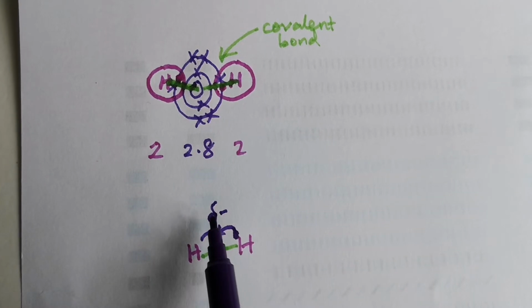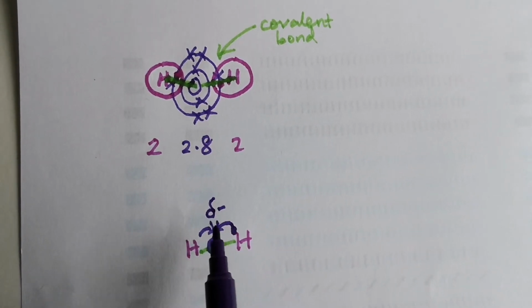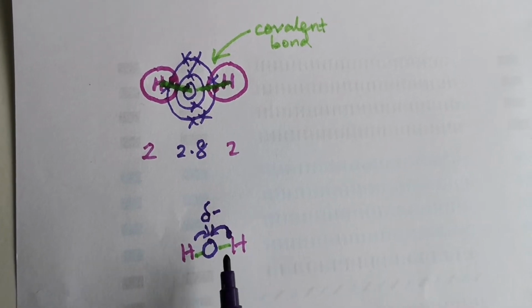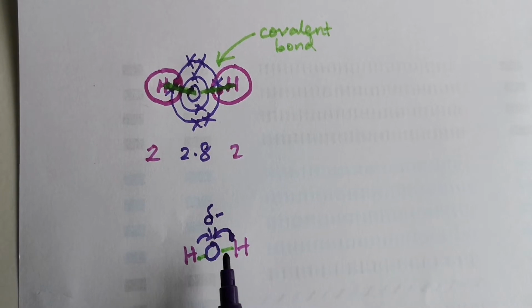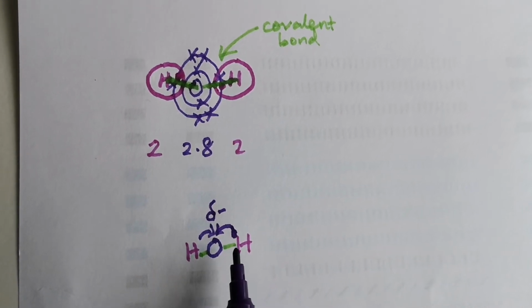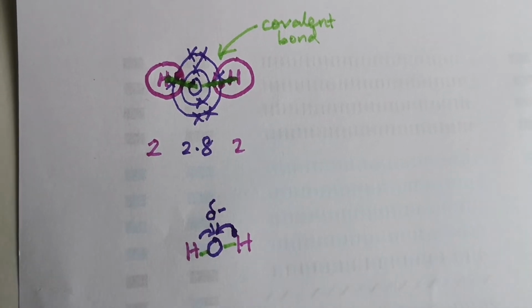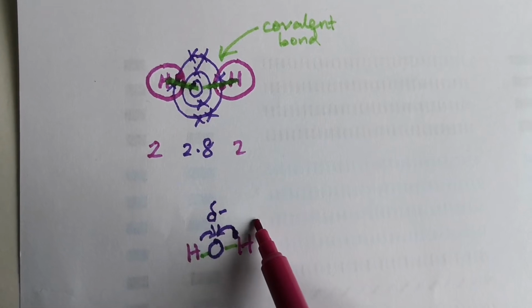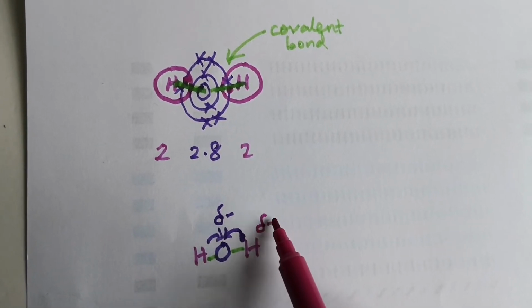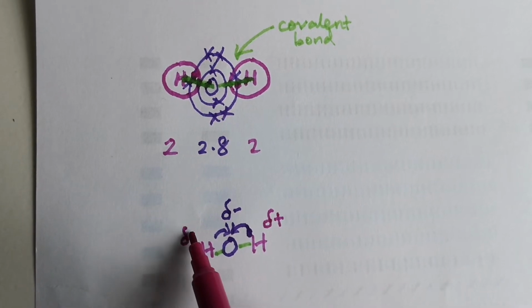So we call that a partial negative. Okay, a little bit more negative. And because the electrons are nearer to O, this H is slightly positive. Okay, slightly positive. And this is also slightly positive.